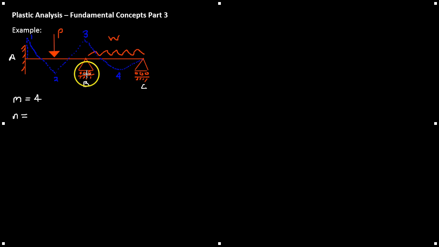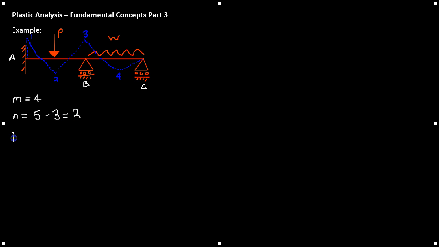Now there's no horizontal reaction here because they're rollers, so they're free to move in the horizontal axis, and therefore there is only the vertical reaction at the supports at B and C. So 3 plus 1 plus 1 equals 5, minus the 3 equations of equilibrium. 5 minus 3 equals 2.